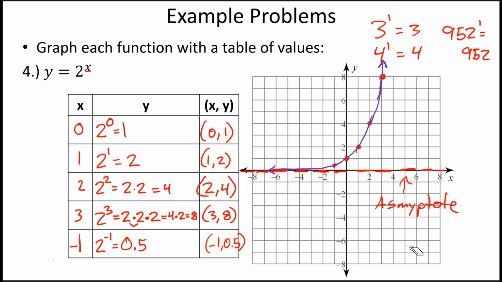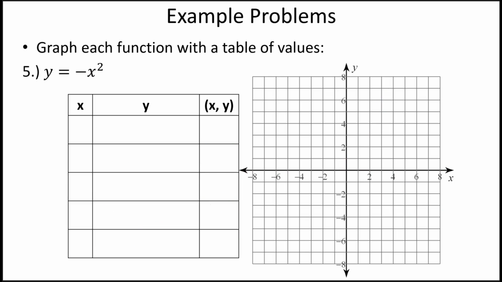In this case, y equals 0, or the x-axis is my asymptote, and this graph is not going to cross it. It's going to get very, very close, come alongside it, hug it pretty much right there, but it never crosses that line. Okay? And that's how we graph number 4.